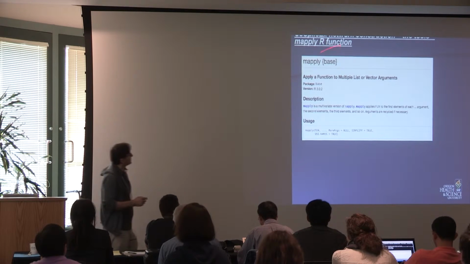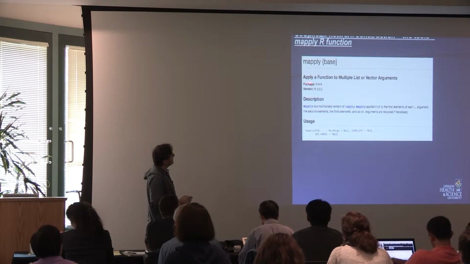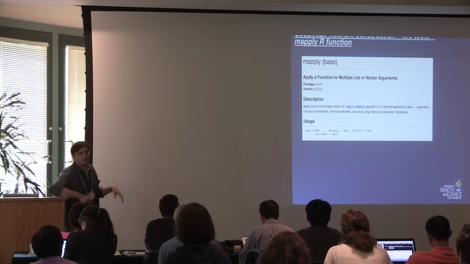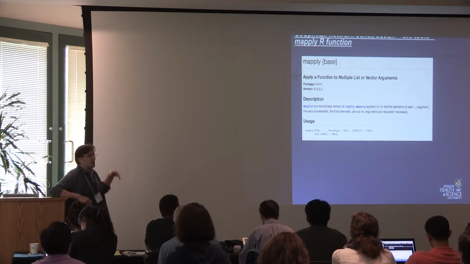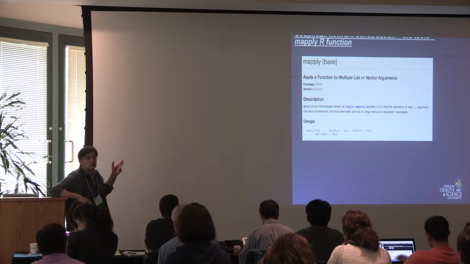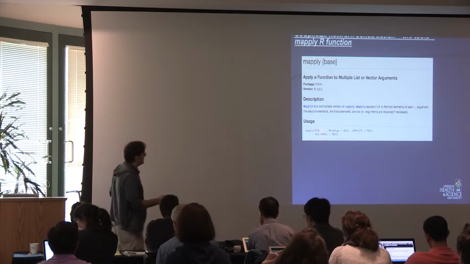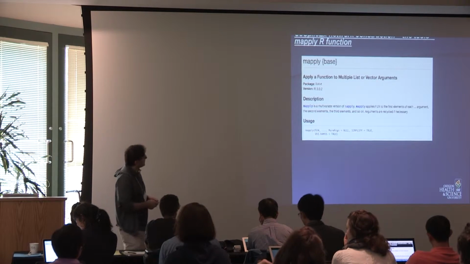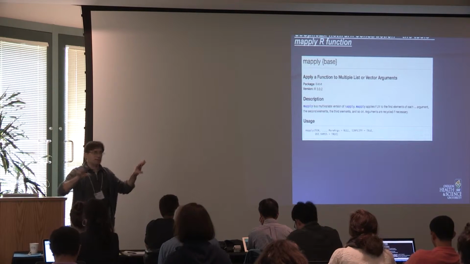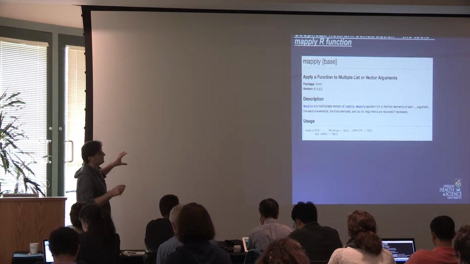And there's also the mapply function. Imagine that you have a vector or a list, and you want to do the same operation on each element of this list. This is the function that I use. The input to this is a list of different arguments.